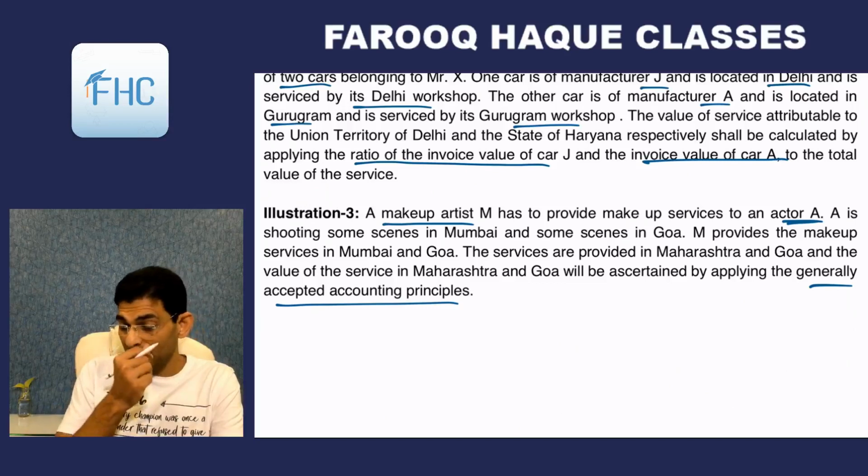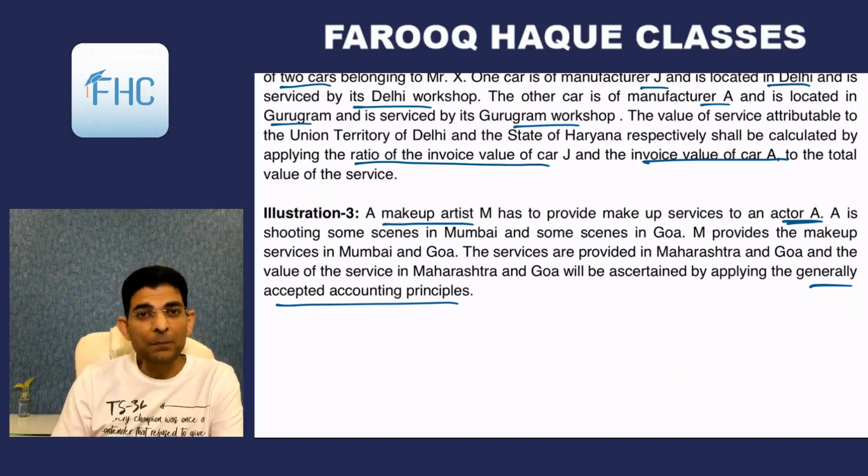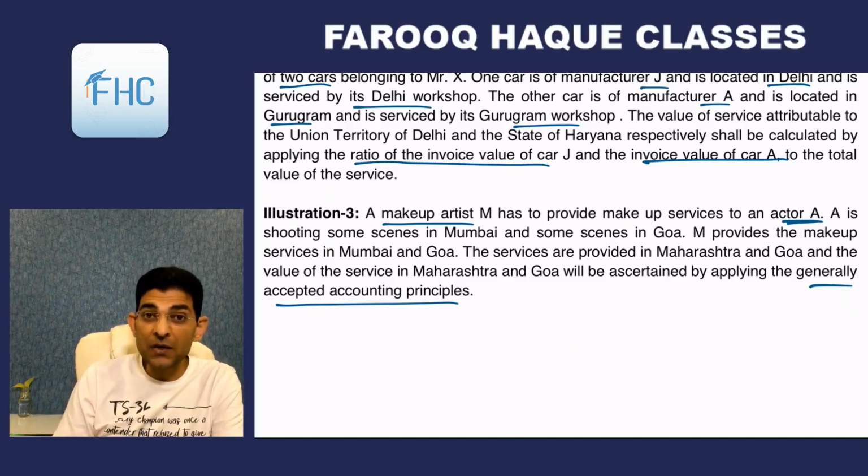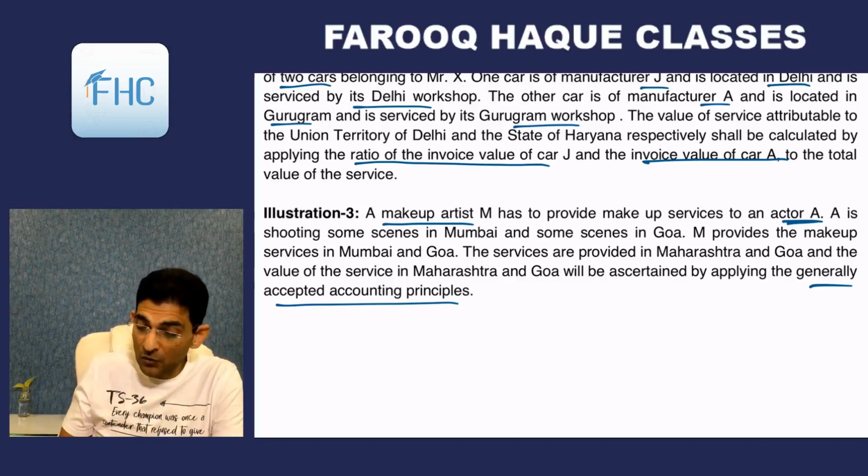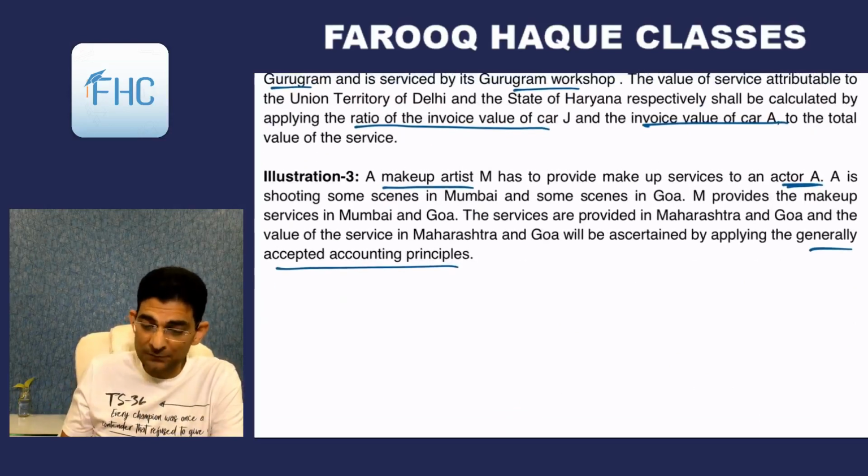If it's a similar type of makeup provided, then we'll see the number of times the makeup was done in different states. Or if the makeup is totally different, then how much time it took for me to make up that actor can be taken as the dividing line, or any other basis depending upon the accounting policies.